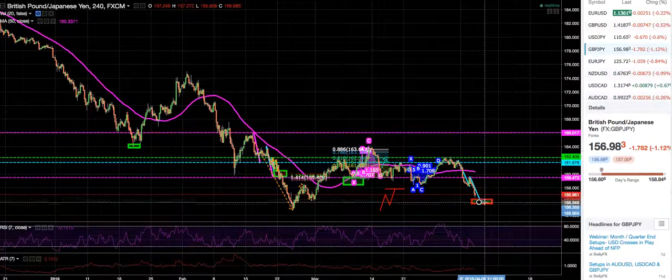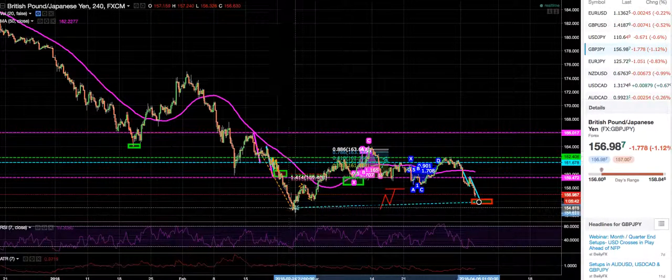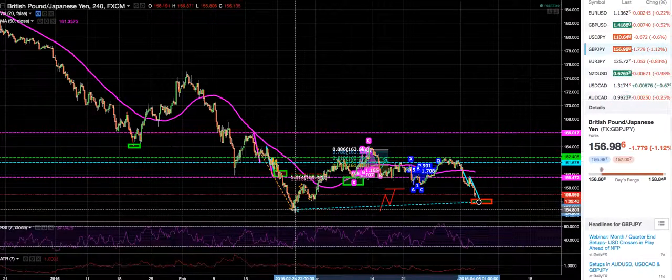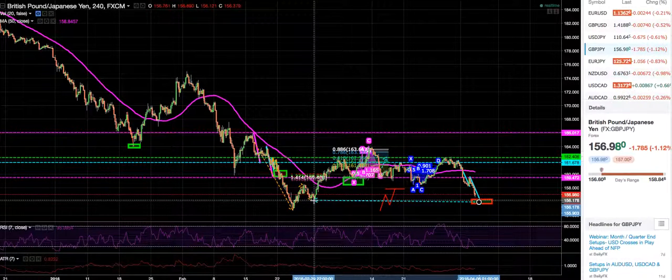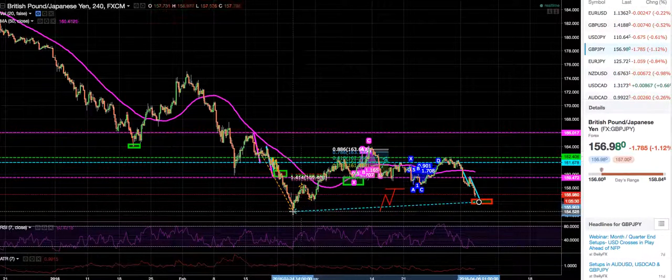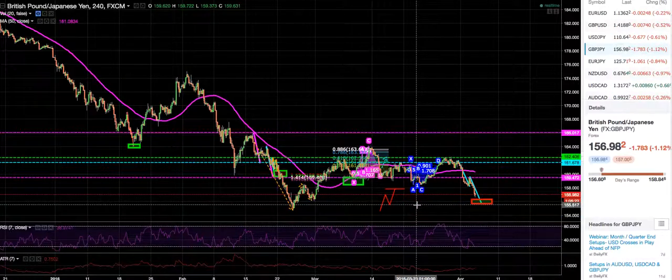which will be the first area I will be looking for a long, but also this would be, you can say, more of a safe area, because here we know if the market breaks through this one, we still have this one to possibly go long off, right? If the market breaks through this one, we know we are wrong, right?